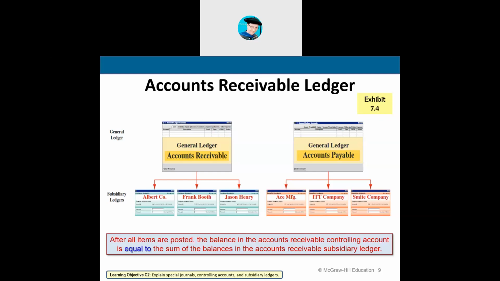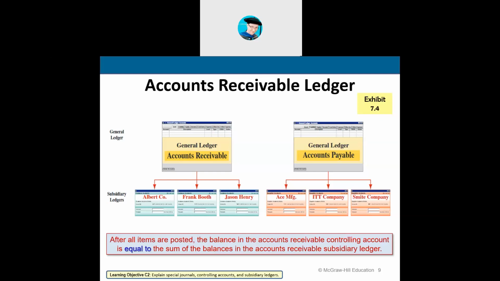Their name is the individual account, and that's how I can track every customer and what they owe. That's how, when you get that fancy bill in the mail that says you're 30 days past due, your name's on it. And at the company, they have an account receivable with your name on it. So, that's how that works.